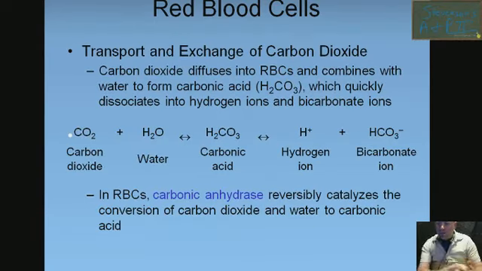Okay, red blood cells. Transport and exchange of carbon dioxide. Carbon dioxide diffuses into the red blood cells and combines with water to form carbonic acid, which will quickly dissociate into hydrogen ions and bicarbonate ions.